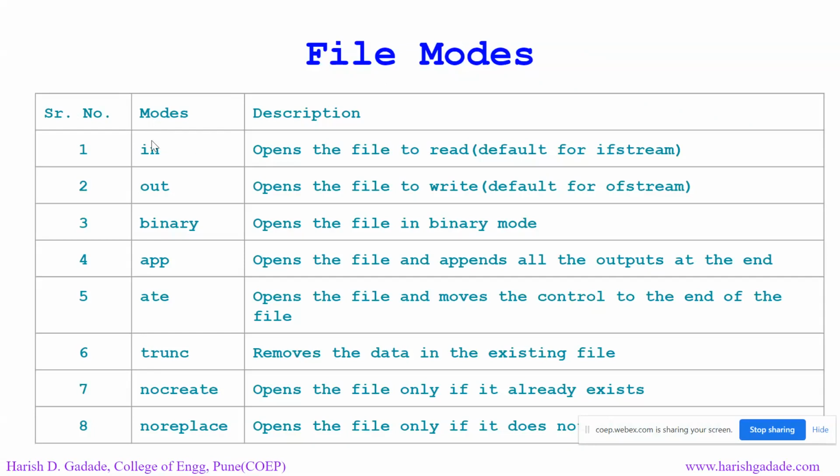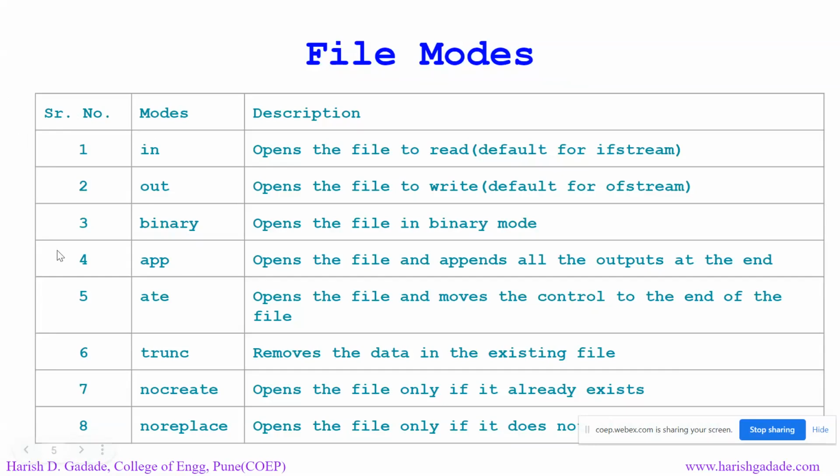It means whatever I enter into that file will be overwritten on the file. But if you are using app, the pointer goes to the last character of the file, and whatever content we enter will be added at the end.